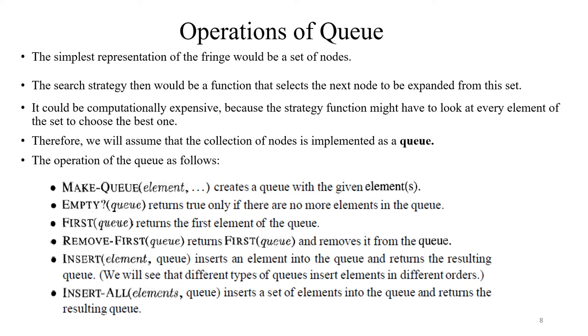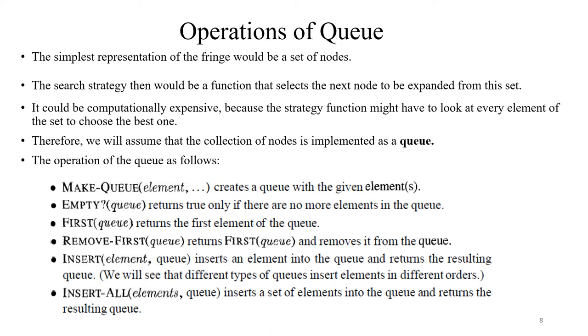It could be computationally expensive because the strategy function might have to look at every element in the set to choose the best one. Therefore, we will assume that the collection of nodes is implemented as a queue. Queue contains several operations.